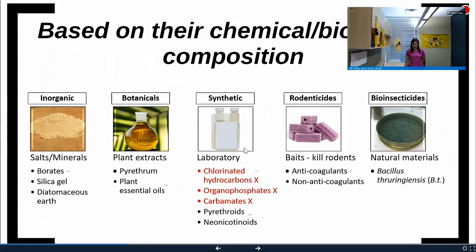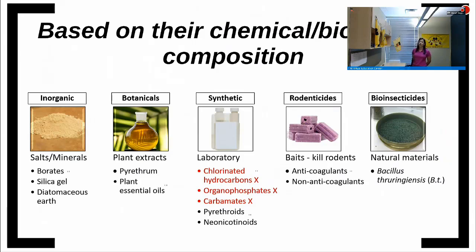The synthetic, those that are fabricated in laboratories, so all the molecules come from laboratories. Rodenticides, baits that will kill rodents, and the bioinsecticides, which are natural materials, so products of living beings or the living beings used to control other living beings. We're going to go there.